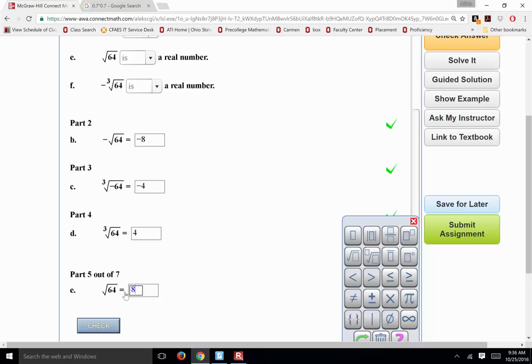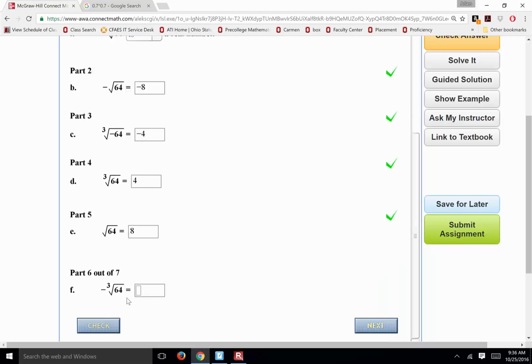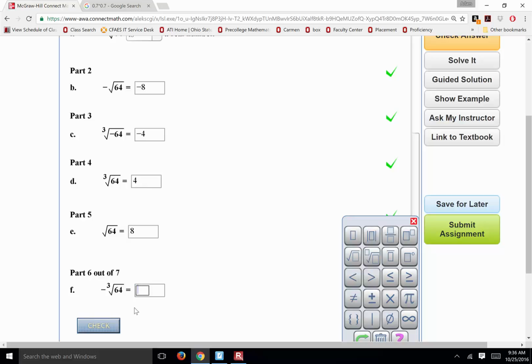Not 3 times, just twice. 8 times 8 is 64. Isn't this the same? No, it's not the same as this one. What number multiplies itself 3 times to 64, but you're going to take the negative of it later? So first answer this part. Multiply a number 3 times by itself to 64 and choose the negative of it. Negative 4.